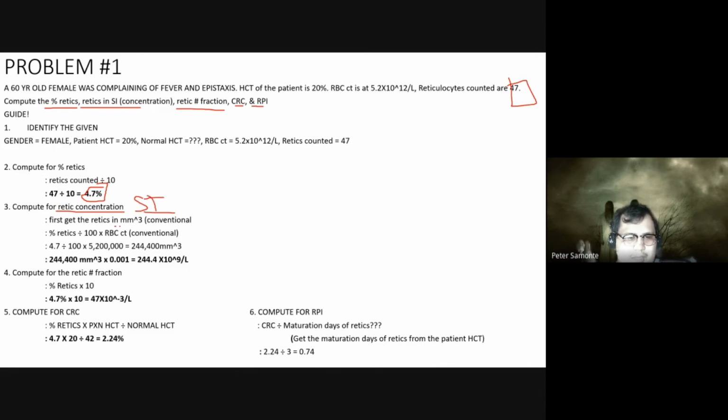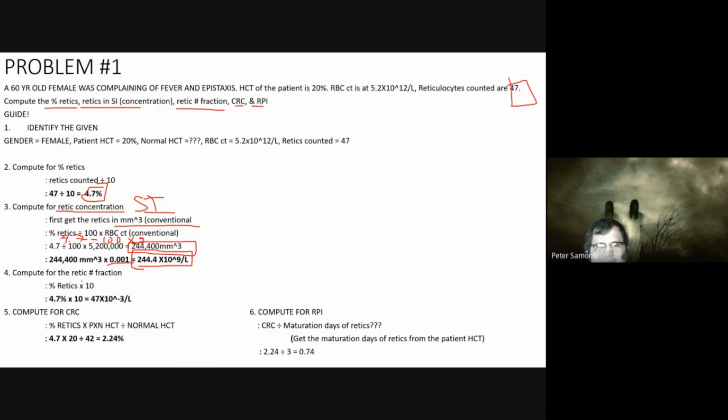So get first the cubic mm, the conventional. Percent retics divided by 100 times RBC count. So 4.7 divided by 100 times 5,200,000, you would get 244,400 per cubic mm. Then turn this into SI, just multiply by 0.001. You would get 244.4 times 10 raised to the 9 per liter.